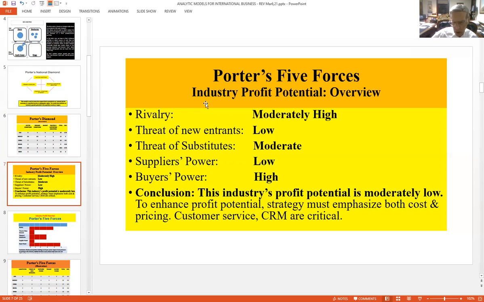So this is virtually a slide that one team put together, and as you can see, they concluded that there were some high forces pushing profit down.